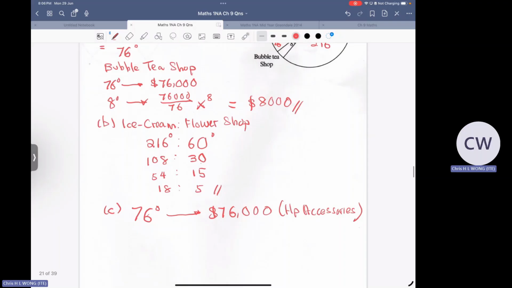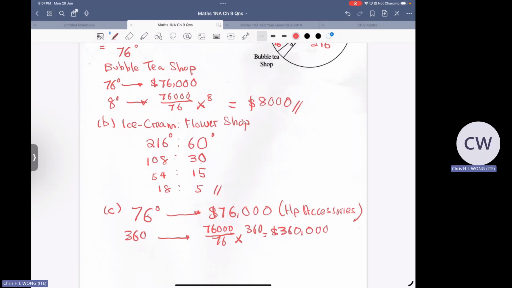So the total profit is for 360 degree. It will be 76,000 divided by 76 times 360 degree will give me the total profit. So what is the total profit? 76,000 divided by 76 is 1,000. 1,000 times 360 will be 360,000.